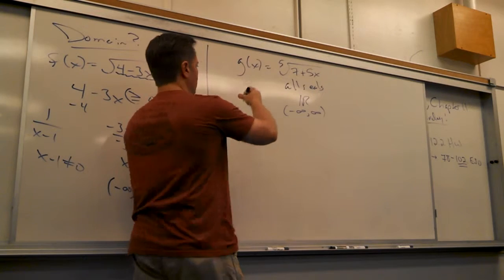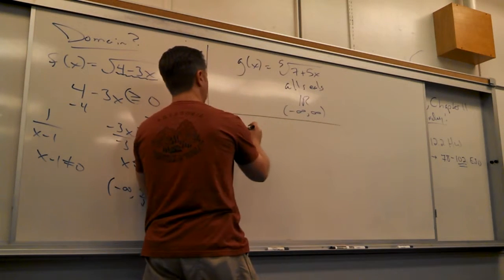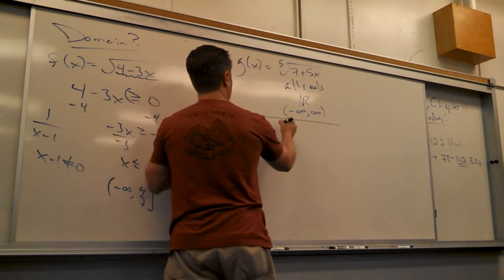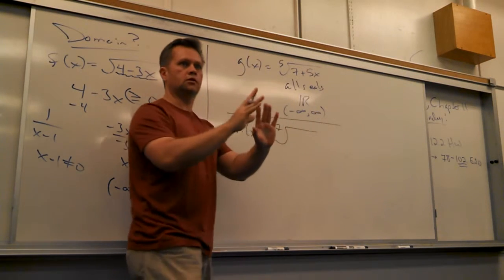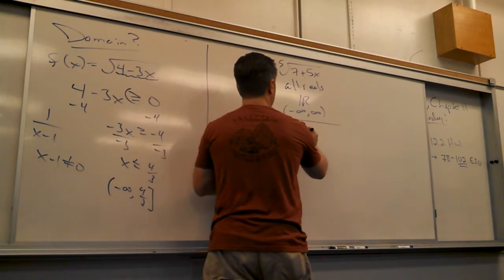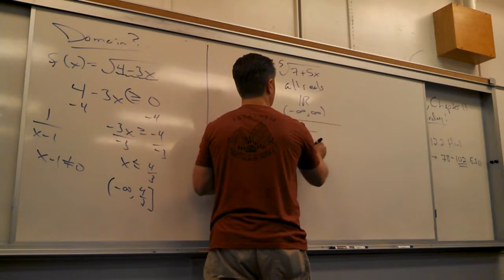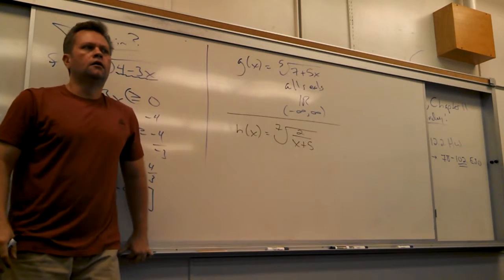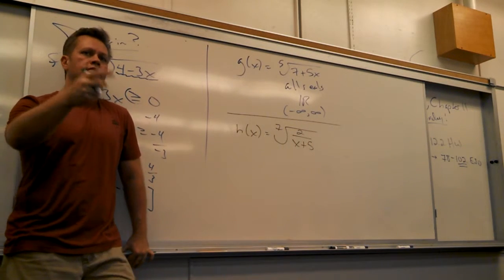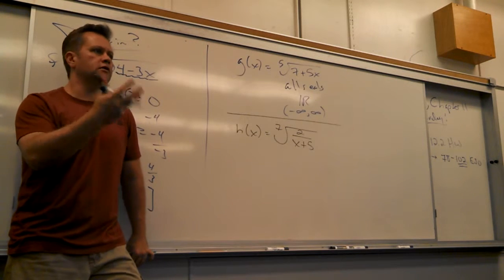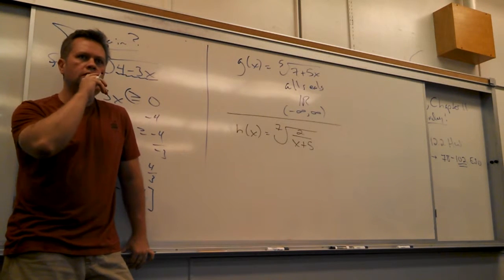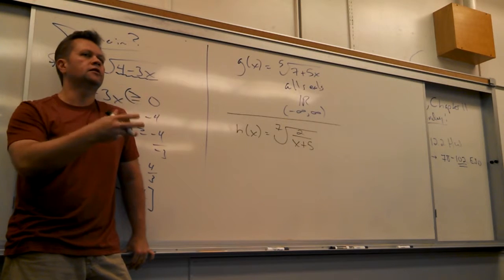Now let me show you the ultimate evil. You ready? The ultimate evil. So it's a 7th root, which is good. But then the inside looks like this. Is there a restriction because of the root? No. Is there a restriction because of something else? Yes.